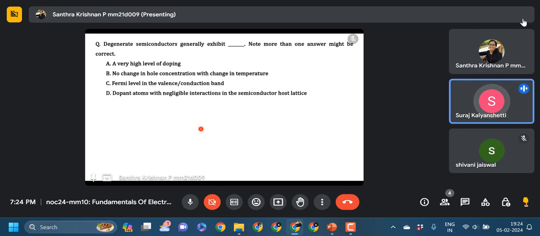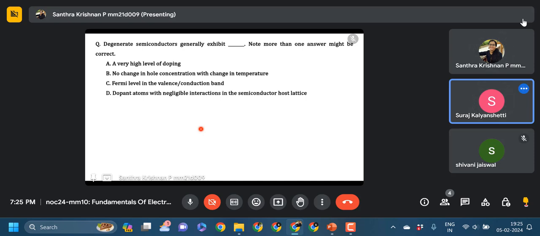No change in Hall concentration with change in temperature, don't know. Fermi level in the valence or the conduction band, that might be true. I can only point to A and C.